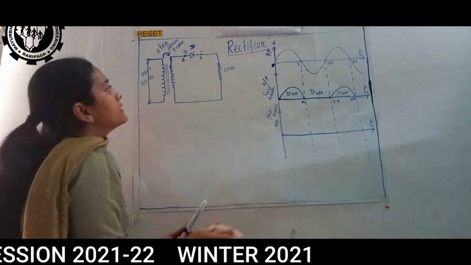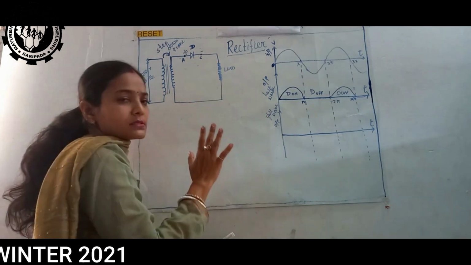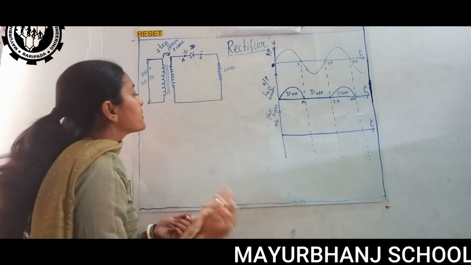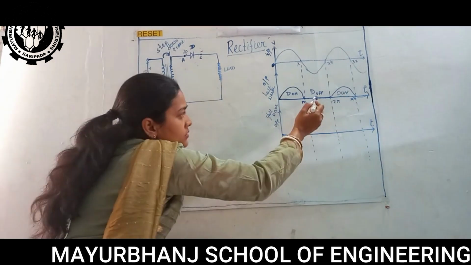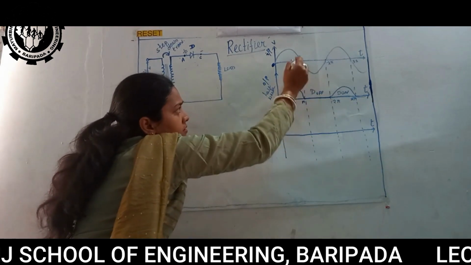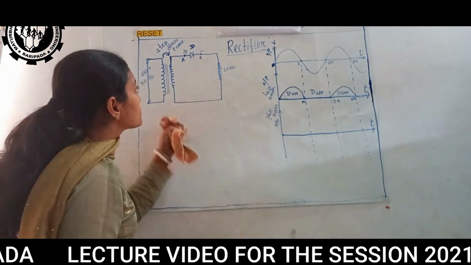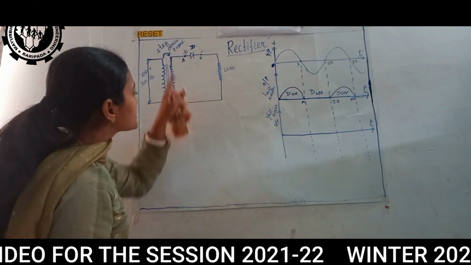Okay. This is all about our half wave rectifier. Now when I say a full wave rectifier, we can also use this reverse bias thing. So we need to do some changes in this circuit.